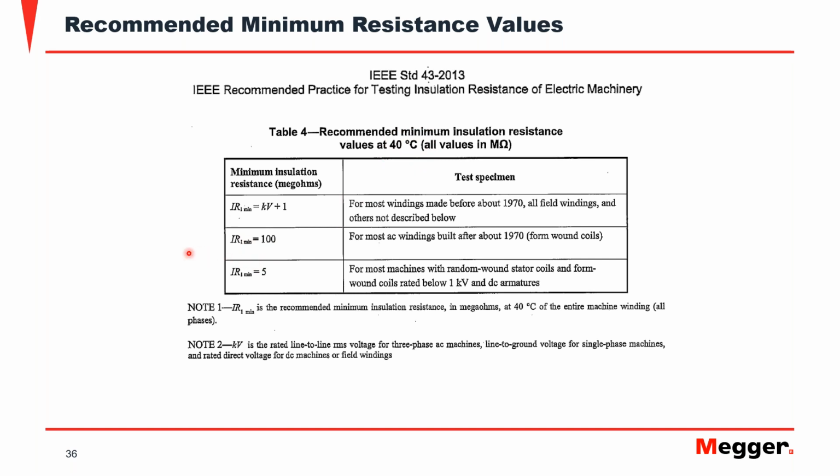So keep that in mind when you're doing your measurements, because a lot of times the temperature of the winding is close to room temperature, between 20 and 25. We get something higher than 100, but it may not be enough. And how do we know? Well, we have to correct the insulation to a temperature of 40 degrees C. And this one down here, a minimum of 5 for most machines with random wound stator coils below 1 kV. But you can find those numbers in the standards.